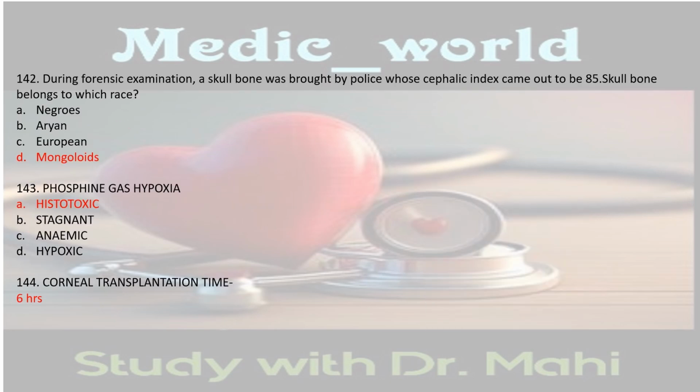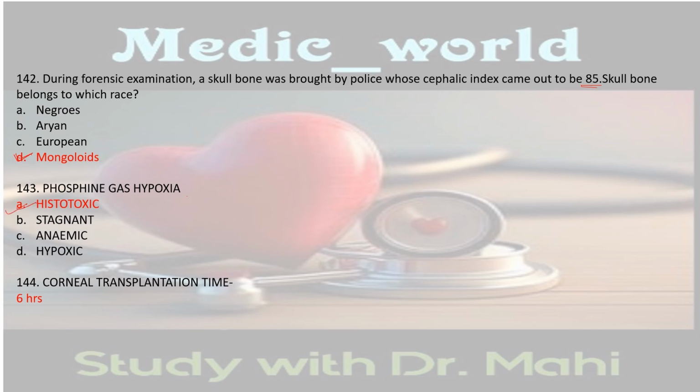Next question. During forensic examination, a skull bone was found by the police whose cephalic index came out to be 85. Skull bone belongs to which race? The answer here is Mongoloids. Phosphine gas hypoxia is which type of hypoxia? The answer is histotoxic.